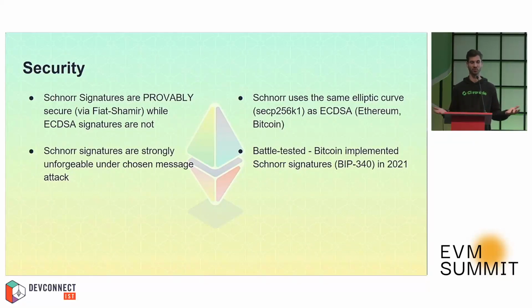Using Fiat-Shamir, you can actually prove that Schnorr signatures are secure. I think that's a very big reason to use them, so you don't have any surprises down the road. And one of the key properties, which goes back to malleability and being provably secure, is that you have strong guarantees that these signatures cannot be forged.